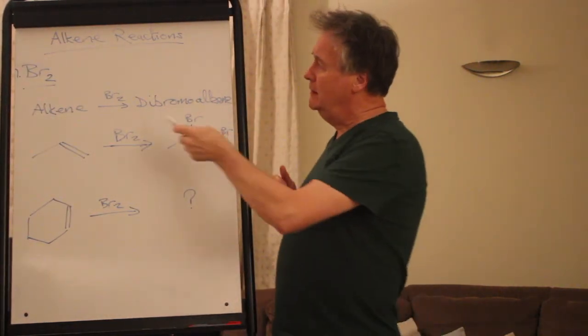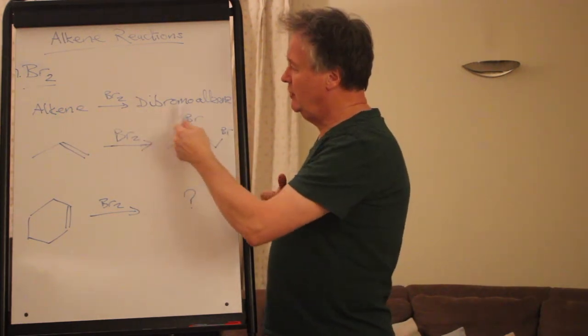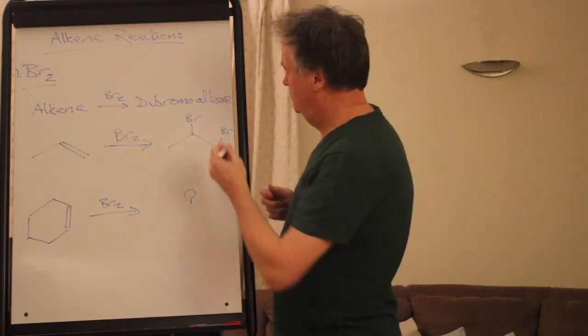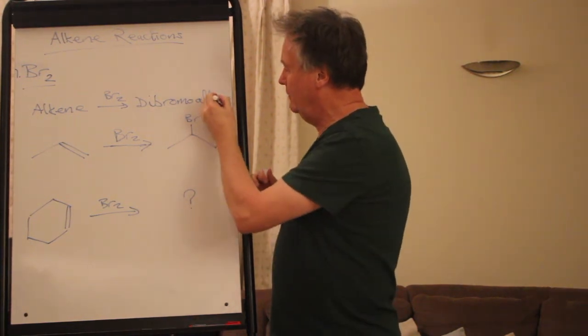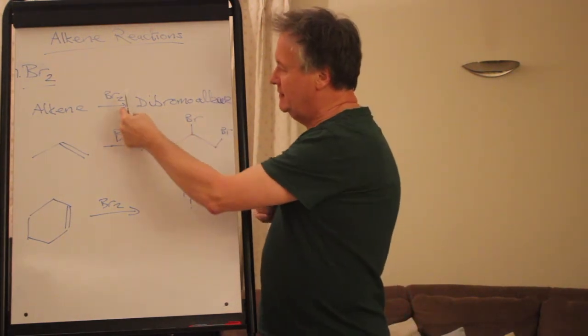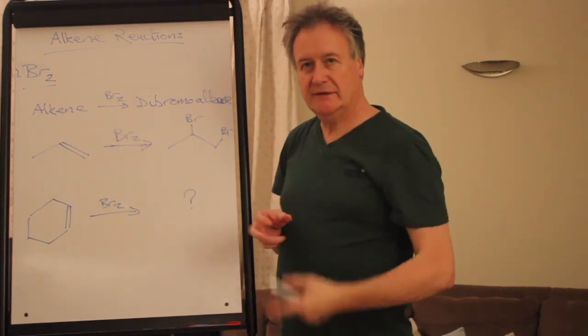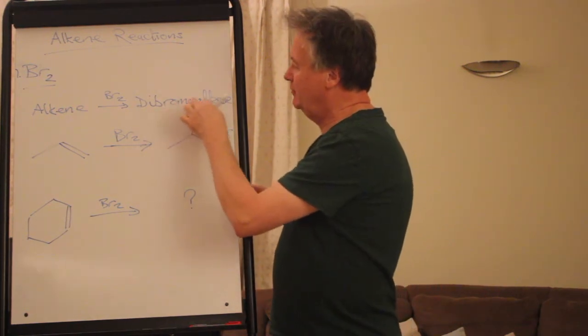Bromine, alkene reacts with the bromine to produce a dibromoalkane. Sorry, badly written, so it shouldn't say alkene. Now these arrows are not mechanistic arrows, they're just the reactant to product arrows. A dibromoalkane.